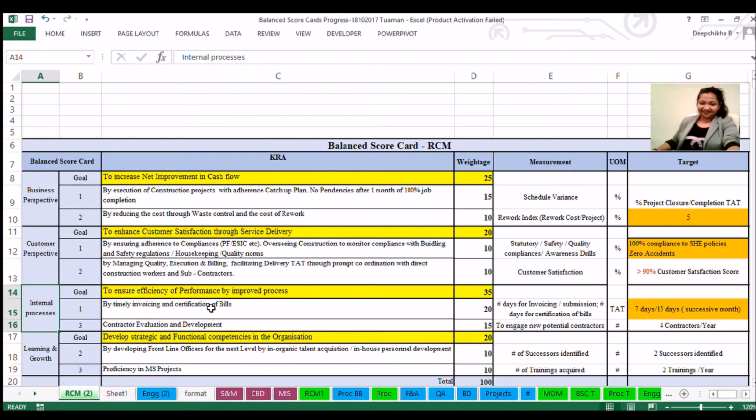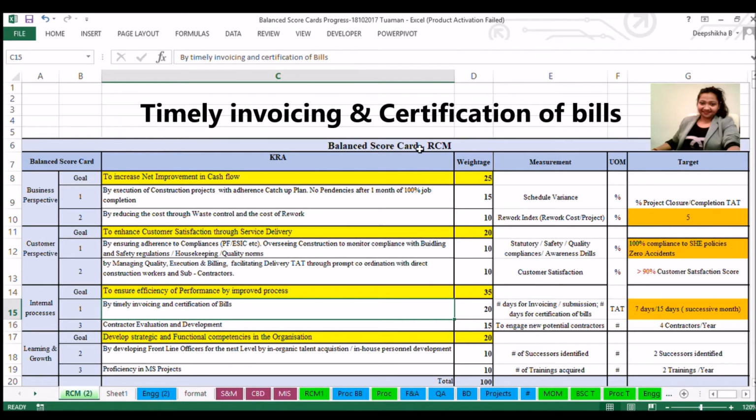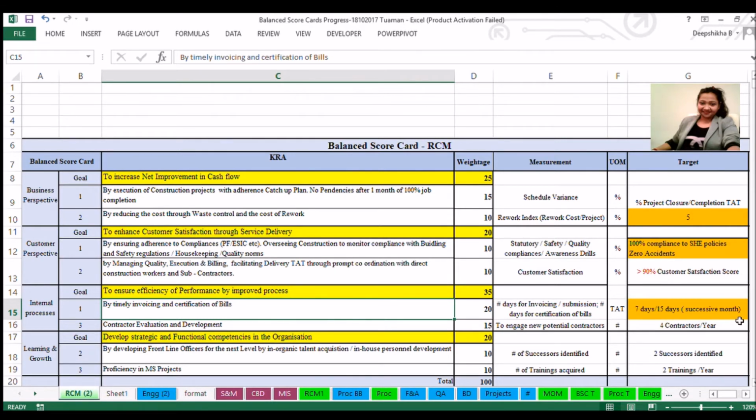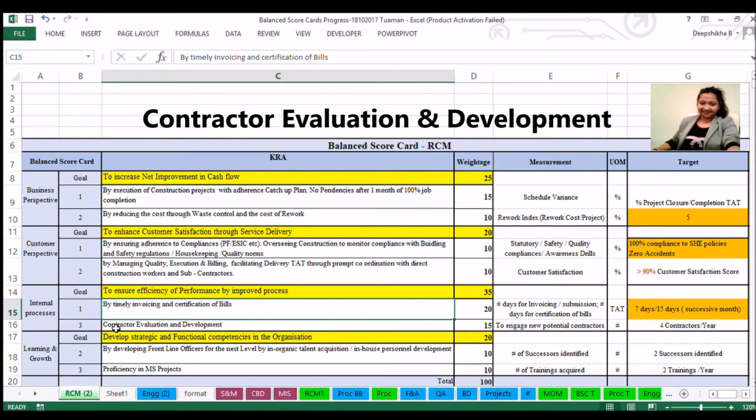We have identified, in a sample BSC, timely invoicing and certification of bills under an RCM, for which the measurement would be the number of days for invoicing and the number of days for certification of bills. Unit of measurement is TAT, that is turnaround time, and the target is 7 days or 15 days of the successive month.